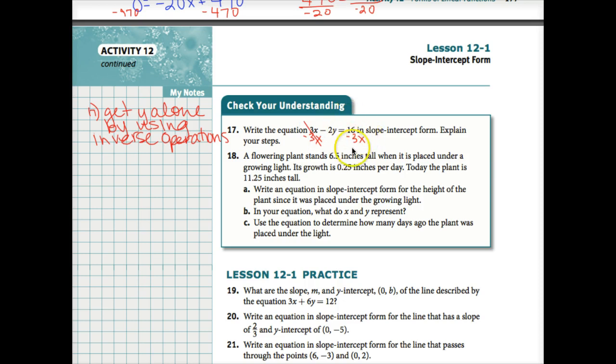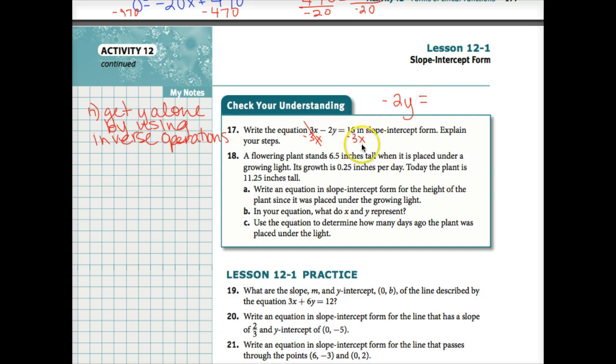Now, over on this side, this is the same thing we did in Unit 1 when we had formulas, and some of you got confused because there were so many letters. 16 is not a like term with something that has x's. So I cannot actually combine these. They just now go on the same side. So on the left side, all I have remaining is negative 2y.